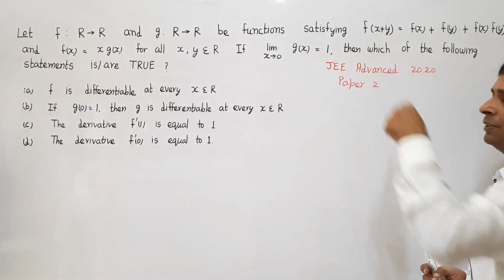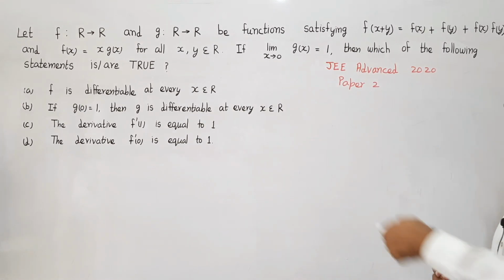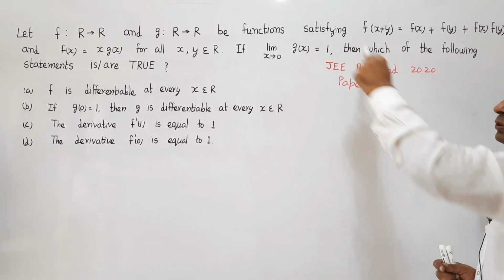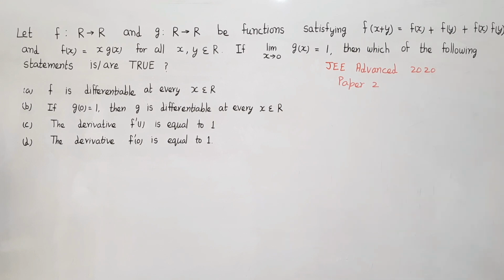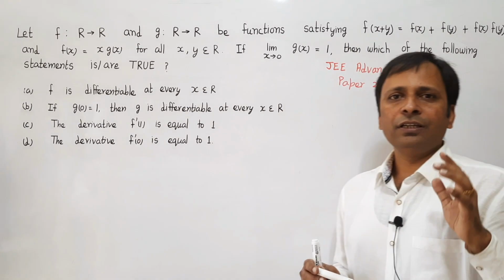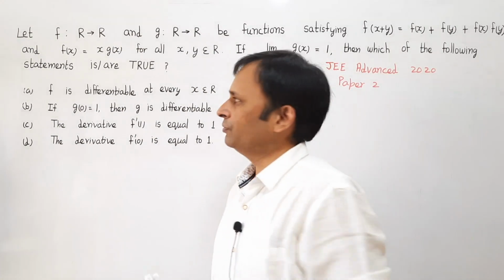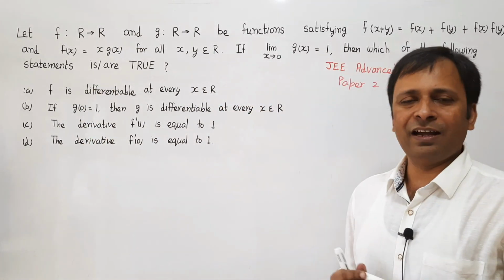After that, they have given another piece of information about g(x): the limit as x approaches 0 of g(x) is equal to 1. Now based on this information, they are asking which of these options are correct.